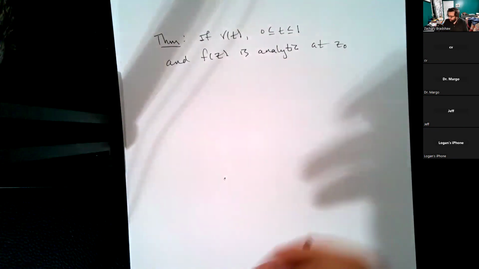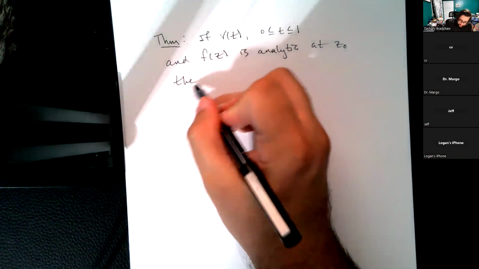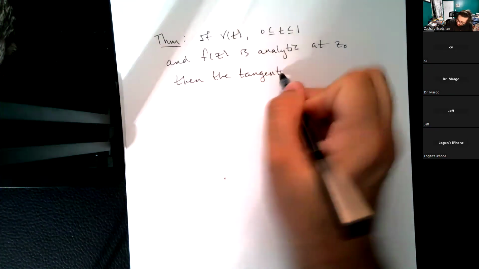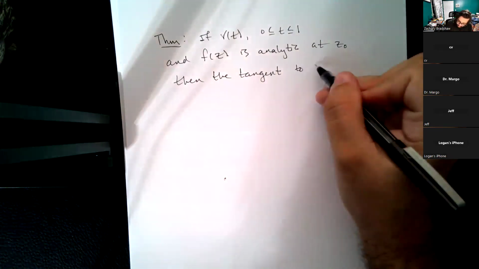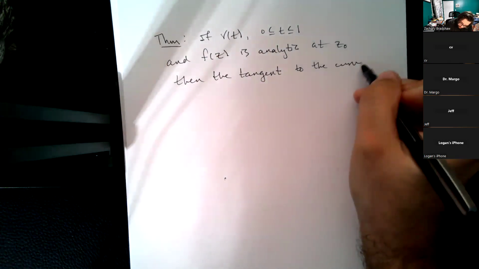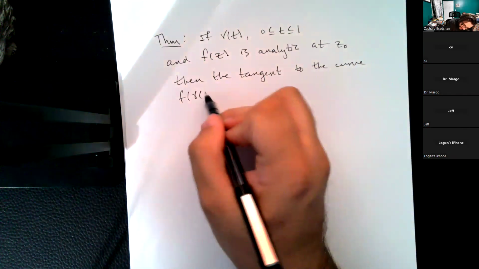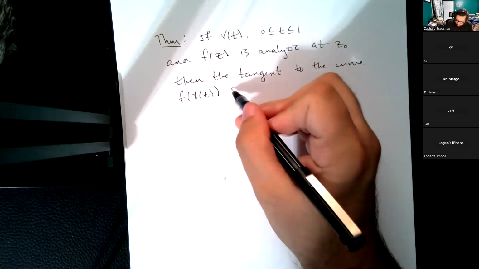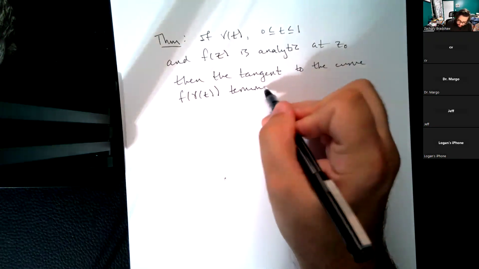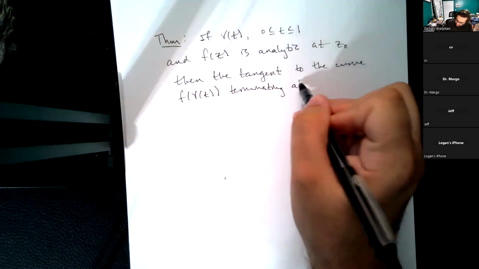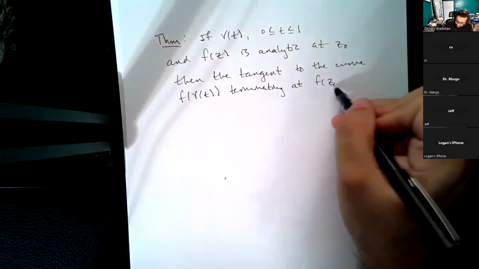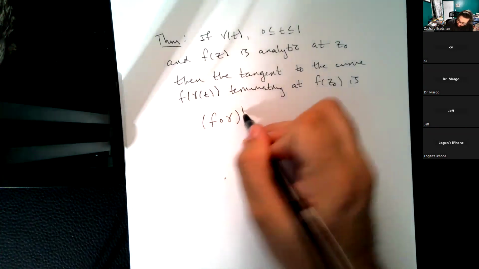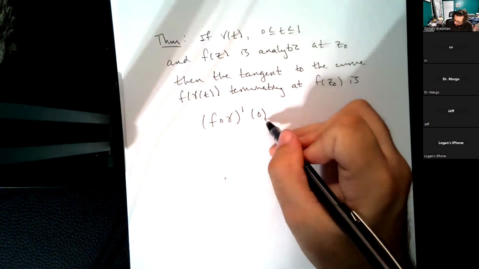Then the tangent to the curve f of gamma of t, terminating at f of z0, is given by this analog of the chain rule.